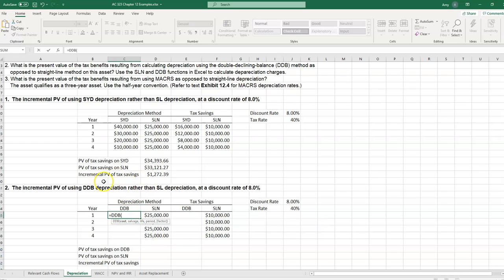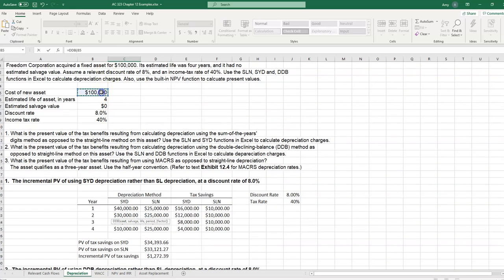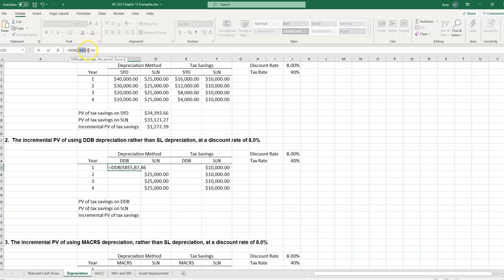So we have cost, salvage, life, and we want to lock all of those cells and then select the year.